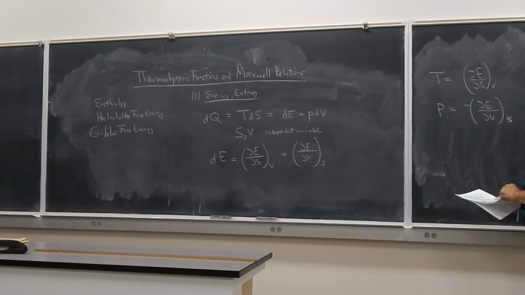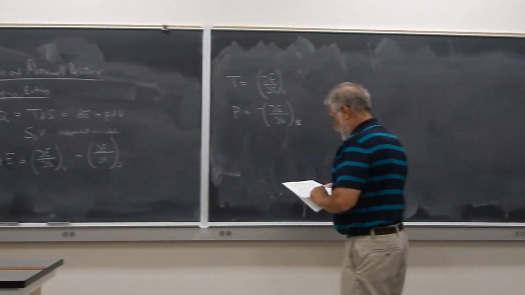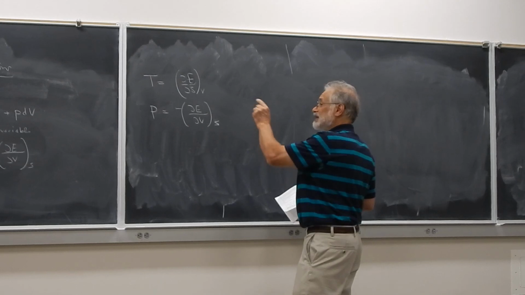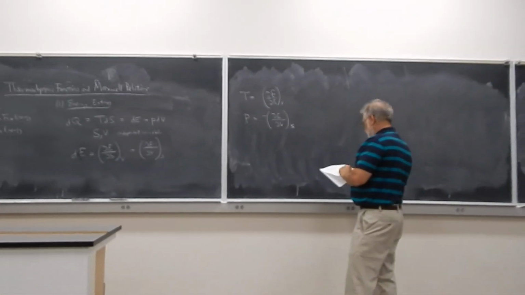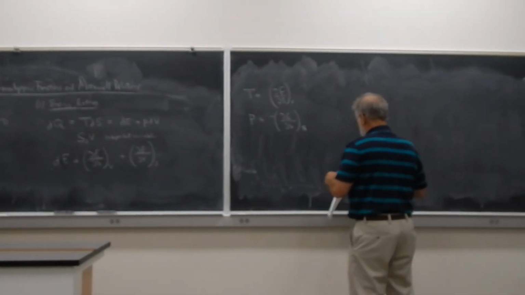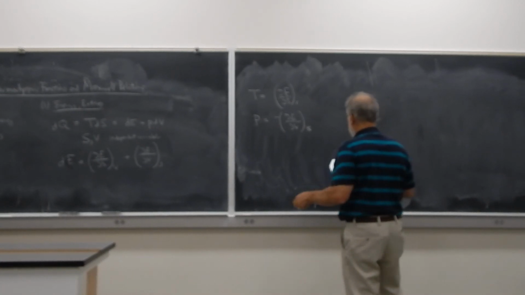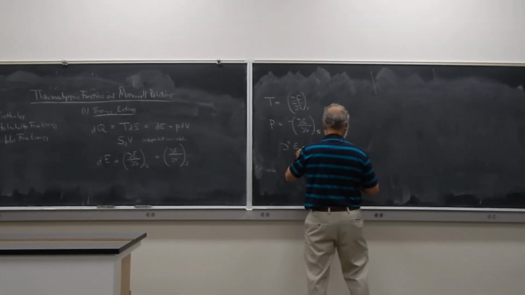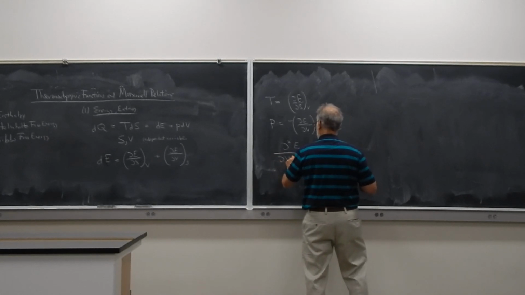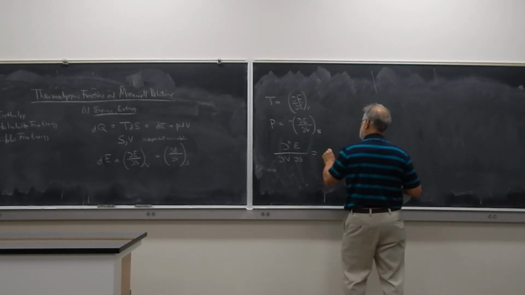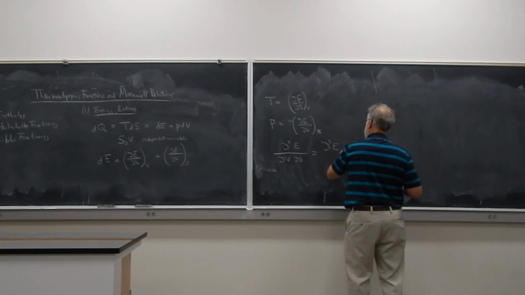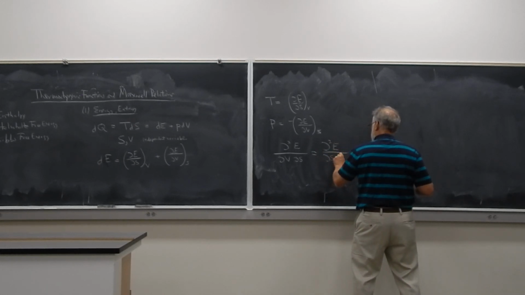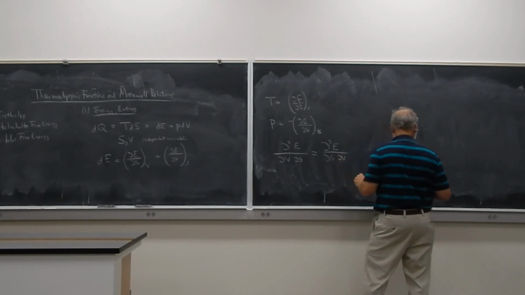Now, in order to guarantee that dE is an exact differential, which it has to be, it must be that the mixed partials have to equal one another. So what that means in this case is when I take the second derivative of the energy with respect to the volume and then the entropy, it has to be exactly the same as the second derivative of the energy with respect to the entropy and the volume.